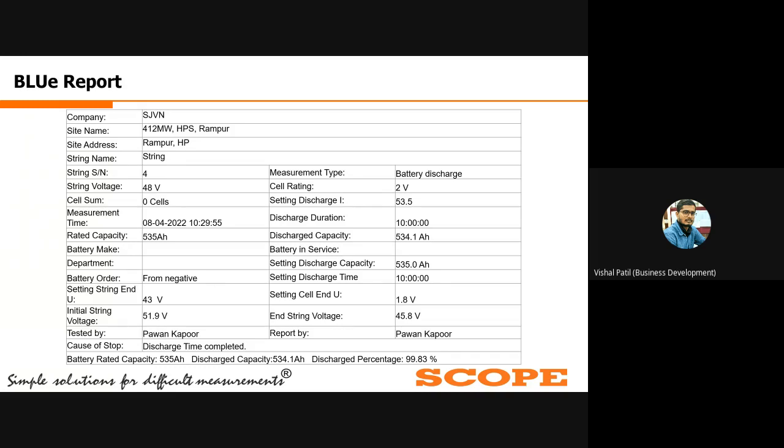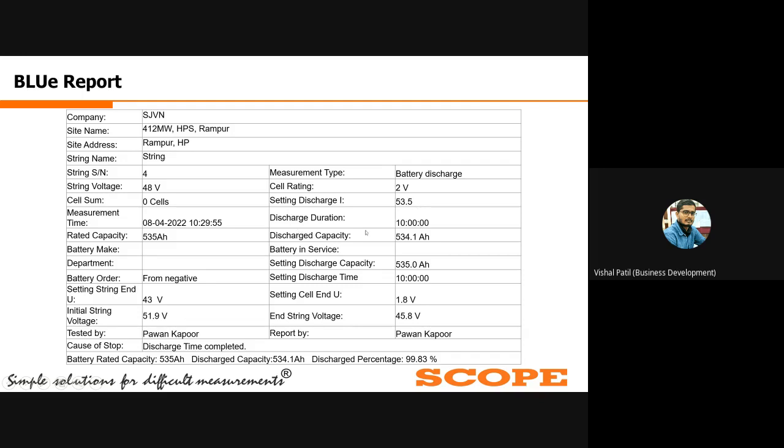For example, I have shown one report in which 535 ampere hour is the rated capacity of that particular battery bank. It is a C10 rated battery, so that's why we set the discharge current as 53.5, because 535 divided by 10 is 53.5 ampere. Now the discharge duration is 10 hours.